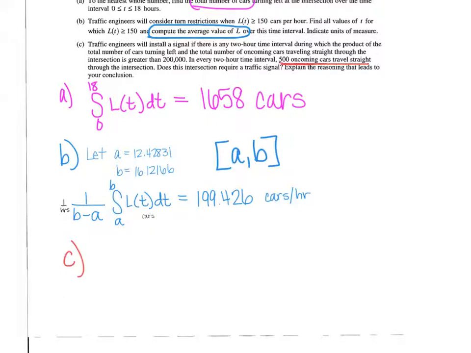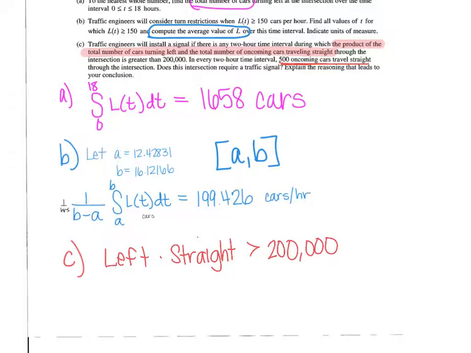The product of the total cars turning left and the total cars going straight. Well, first of all, product is multiplying. So the cars turning left times the cars going straight would have to be greater than 200,000. Well, how do we find when the cars are turning left? We find when the cars are turning left by using the integral of L of t.